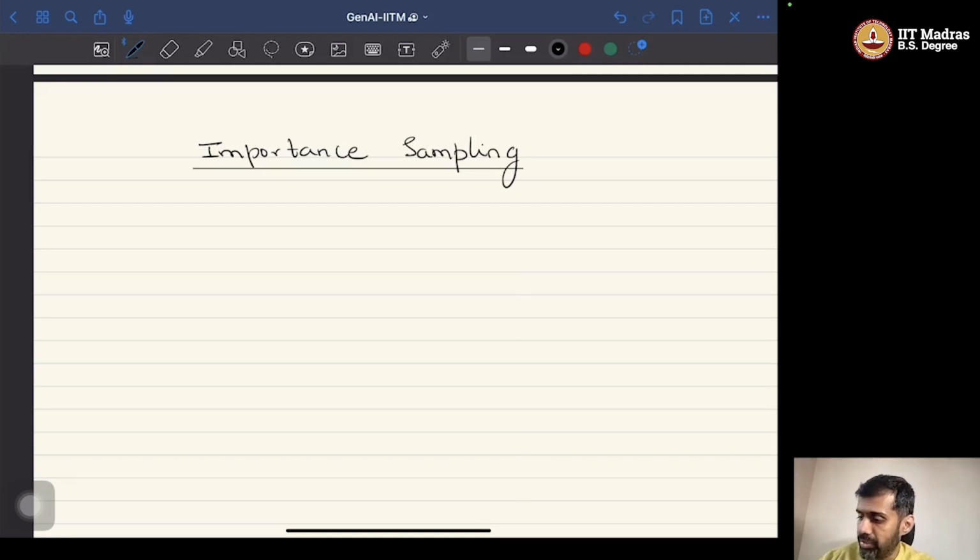Okay, what is the problem? The problem is to compute the expectation of a particular function of a random variable, f of x, with respect to a distribution, while x is coming from px. So this is the problem that we are interested in.